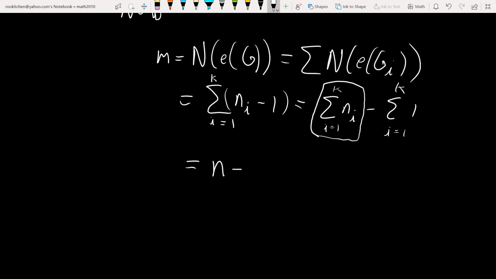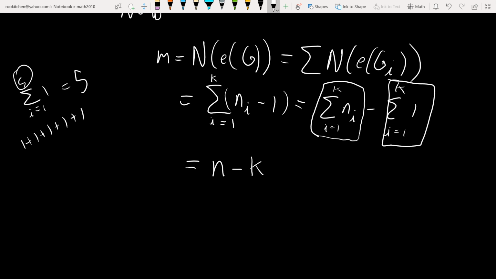Then minus this other sum, which is just k. If you have the sum from i equals 1 to 5 of 1, it's just 1 plus 1 plus 1, 5 times, so the answer is 5. So the sum from i equals 1 to k of 1 is just k.